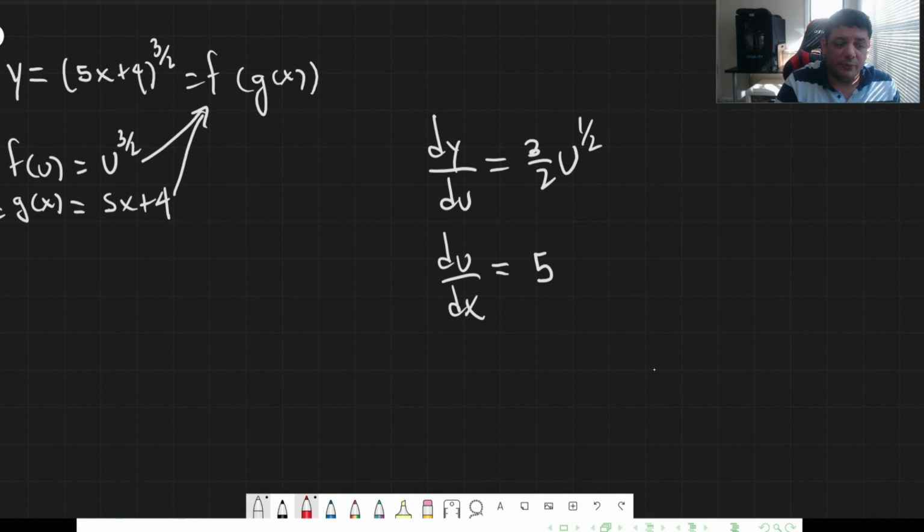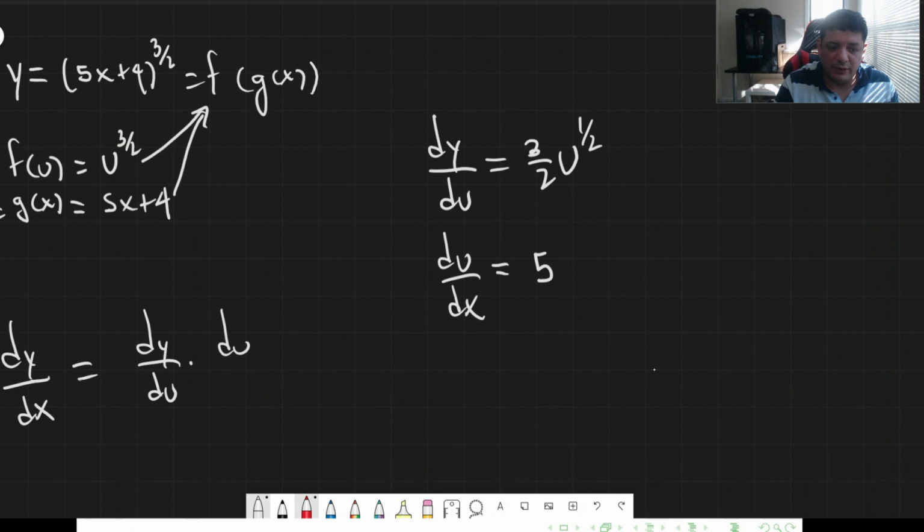So now the chain rule, which is the derivative of y with respect to x, is by the formula dy/du times du/dx. Okay? And so we have those two things. We have the dy/du, which is 3/2 times u to the 1/2, and times the du/dx, which is 5.